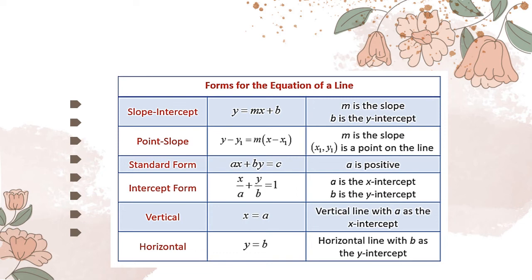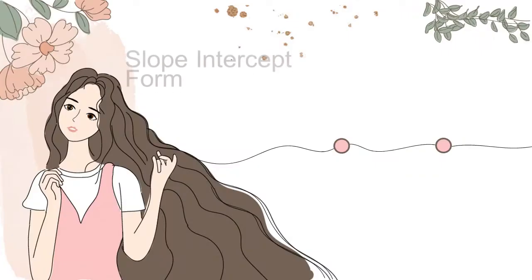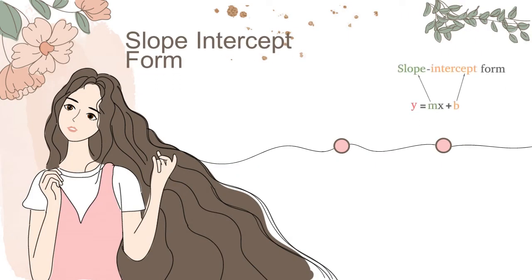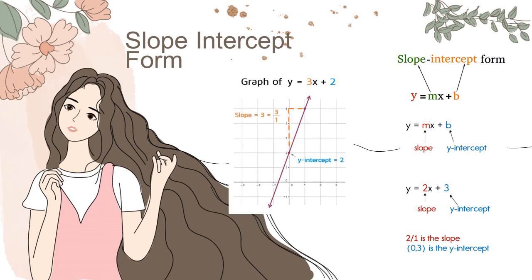So let us first define what is slope-intercept form. The slope-intercept form is the equation of a straight line in the form y equals mx plus b, where m is the slope of the line and b is its y-intercept. So we have here an example of a graph of a slope-intercept form.